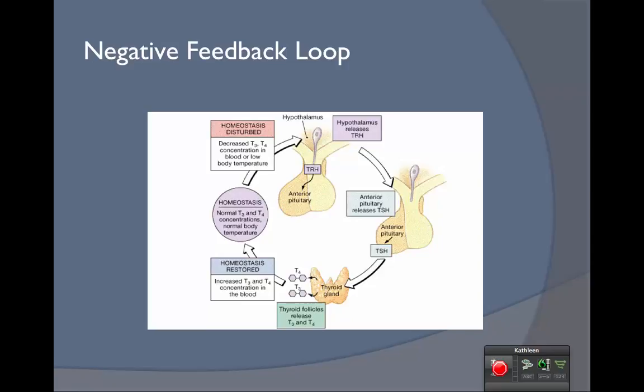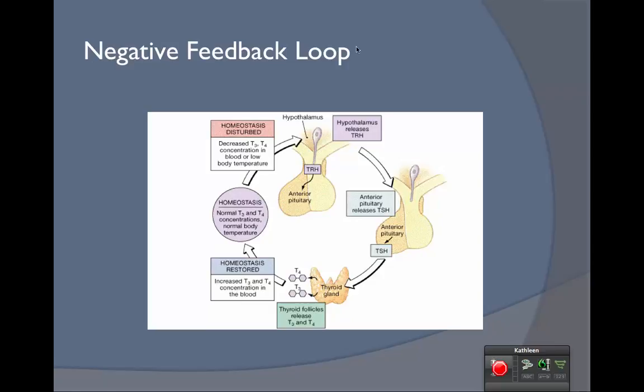And this TSH stimulates the thyroid gland to release T3 and T4, and then T3 and T4 increases in the blood, and then you get homeostasis. The level of T4 and T3 in the blood increases, and the hypothalamus stops secreting TRH. And that's where it's really important to maintain homeostasis.